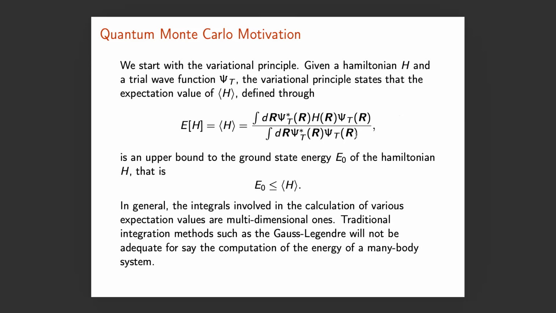So the starting point is actually this quantity here. And we are going to optimize this, where this T here, which you see, stands for trial. So that's our guess for the wave function. Obviously, if you have the exact wave function, there is no point for us in being here, because then we have solved the problem, right?